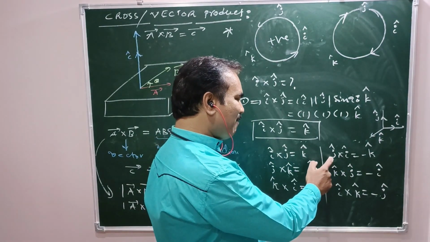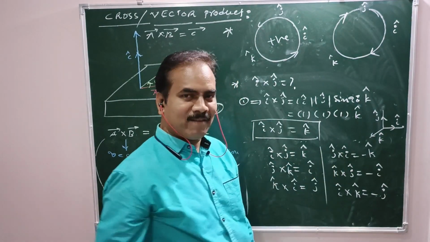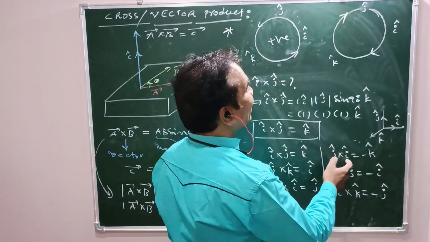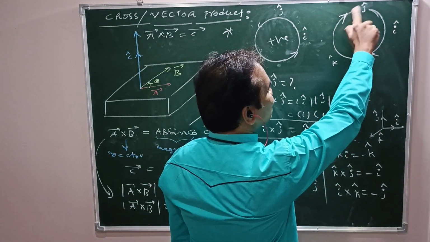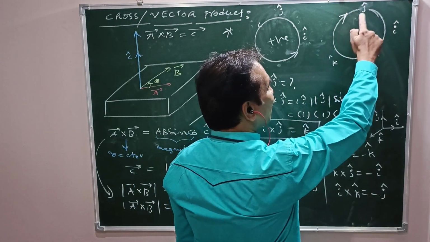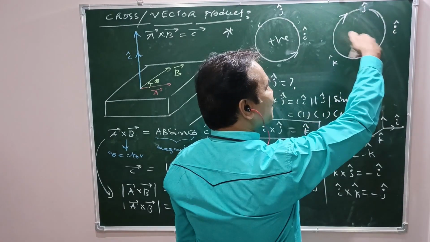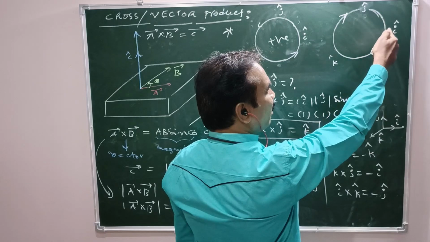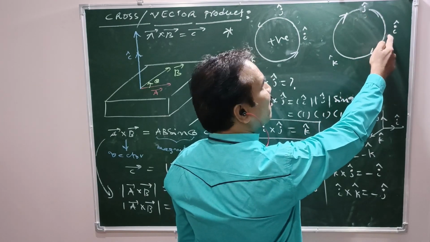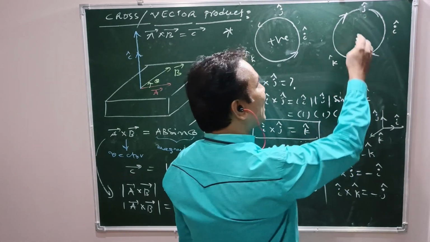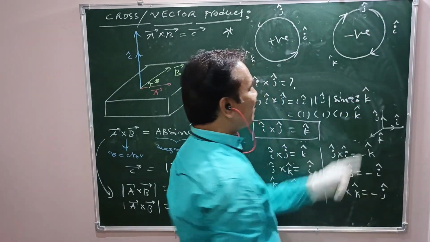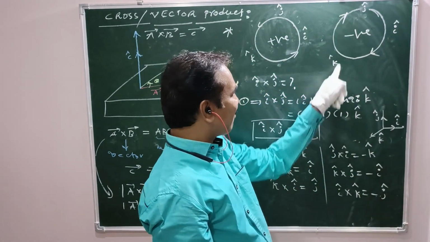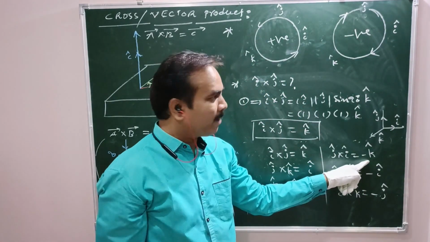Here j cap is the first vector, i cap is the second vector. J cross i means from j to i, clockwise. As far as clockwise sense is concerned, the cross product of any two orthogonal unit vectors is the other unit vector with negative sign. So j cross i means minus of k cap.